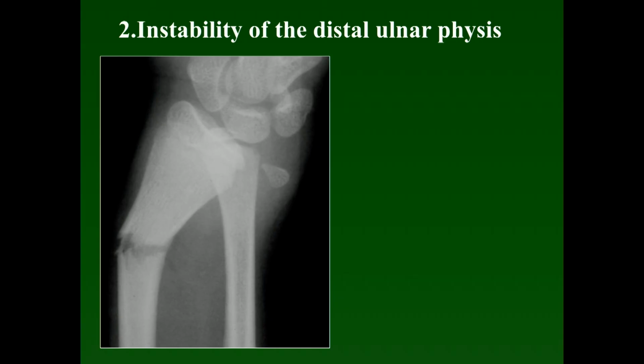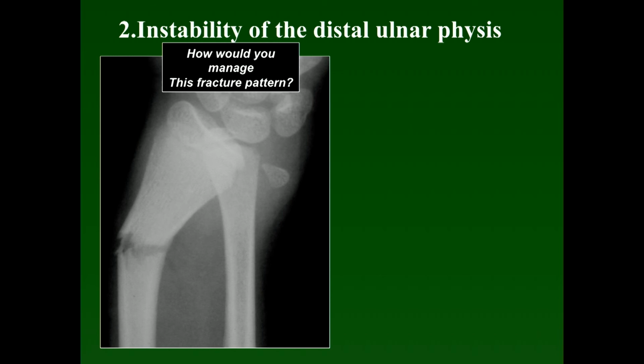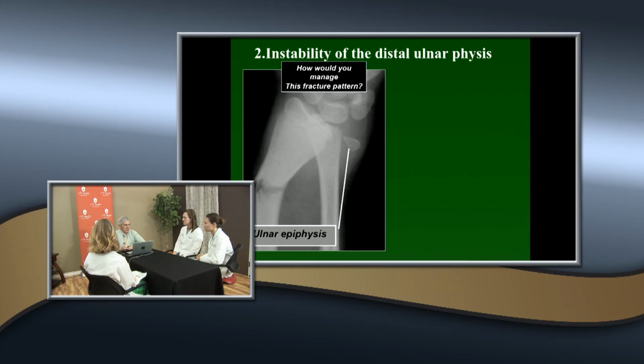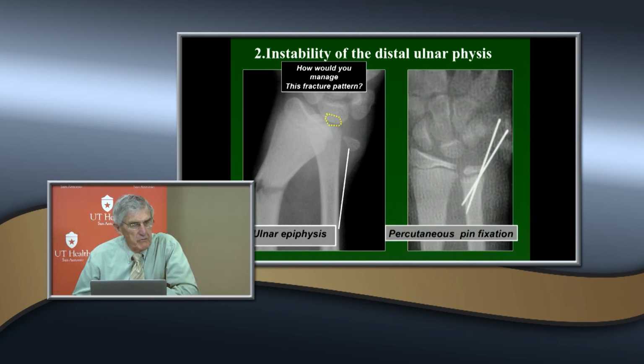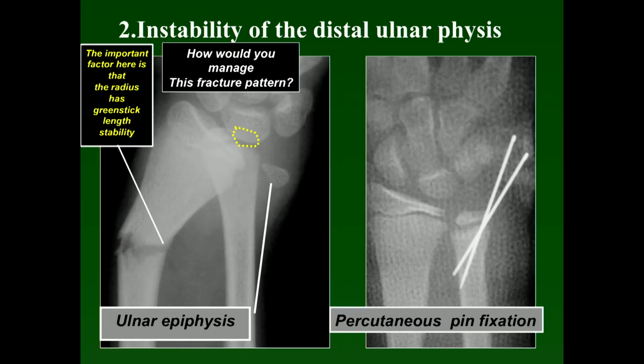So here's instability of the distal ulnar physis. How are you going to manage this one? Well, you get a closed reduction, you can do percutaneous pin fixation, but remember the radius is greenstick, so that's length stable. And is this one reduced?